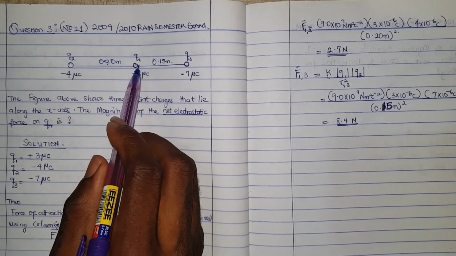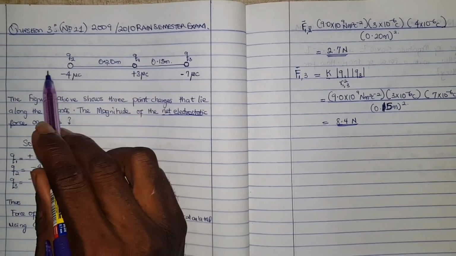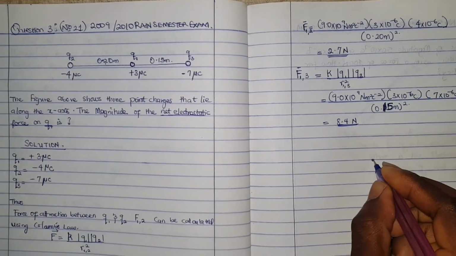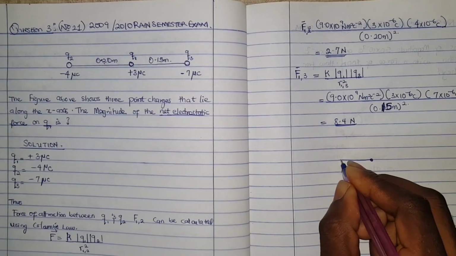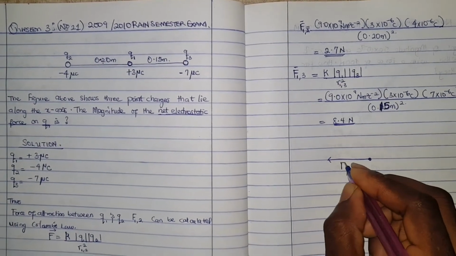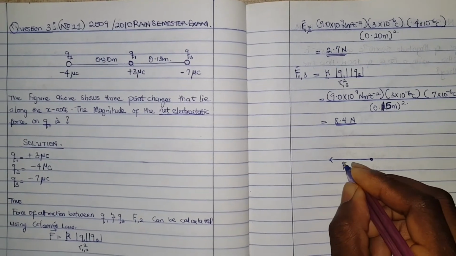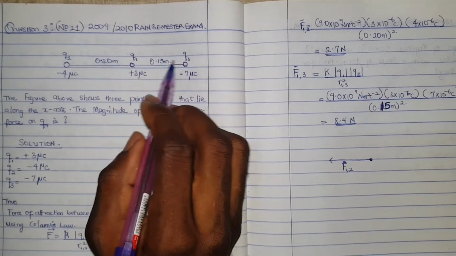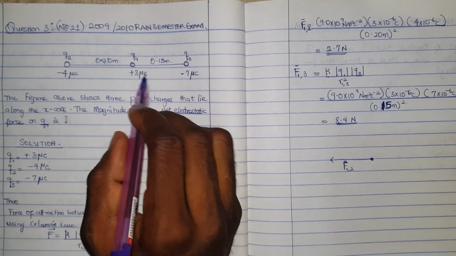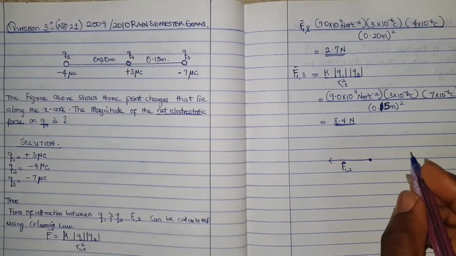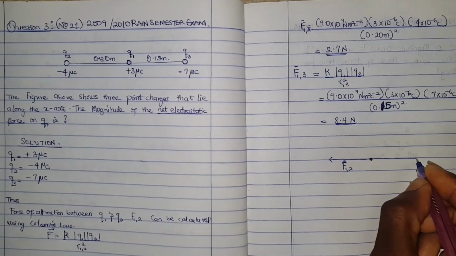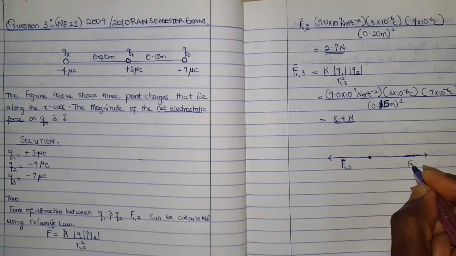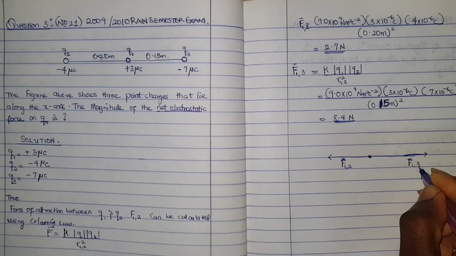Q2 will tend to attract Q1, making Q1 move towards this direction. That is F of 1 due to 2. Between Q1 and Q3, it is also an attractive force, making Q1 move in this direction. F of 1 due to 3.